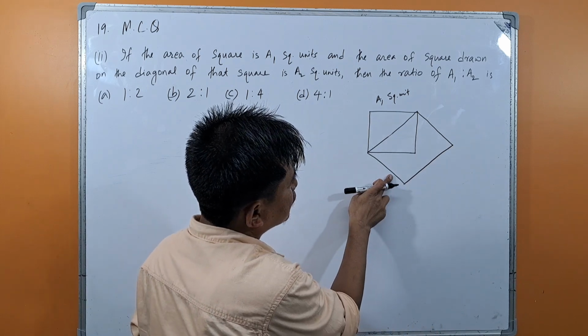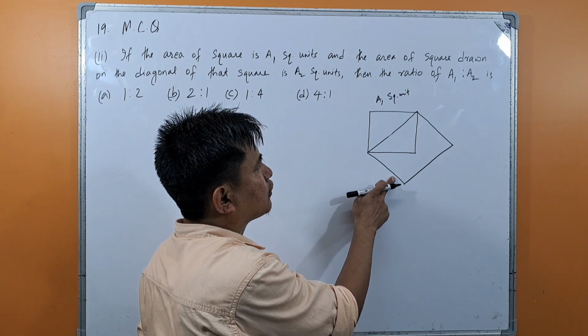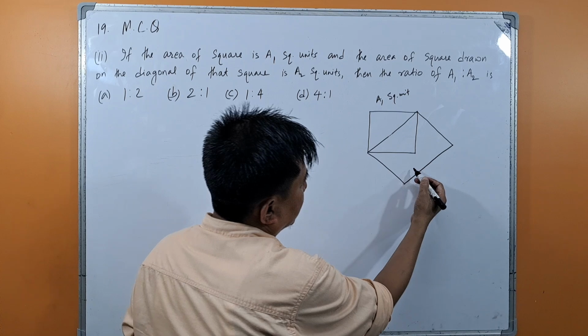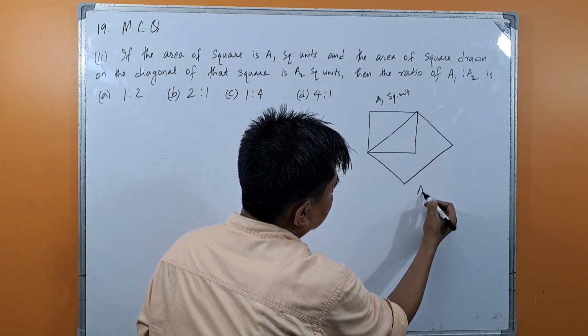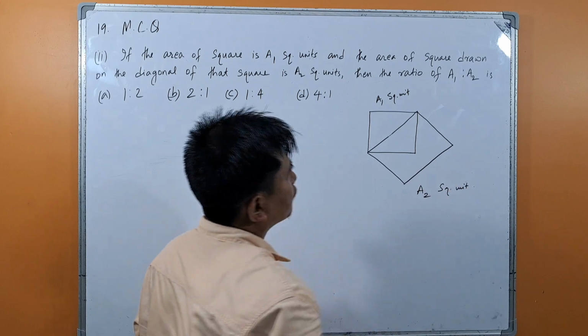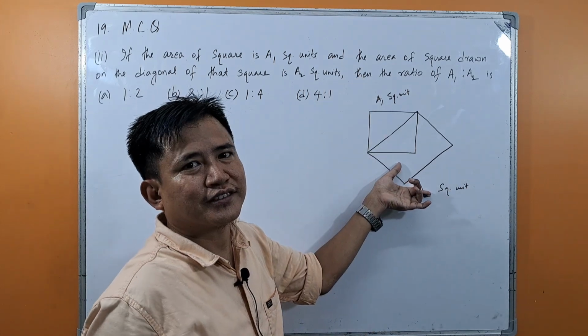Now we have another square and the side of this square is equal to the diagonal of the first square. So area of this new square is given A2 square unit. We are asked to find the ratio of the areas of first square to the second square.